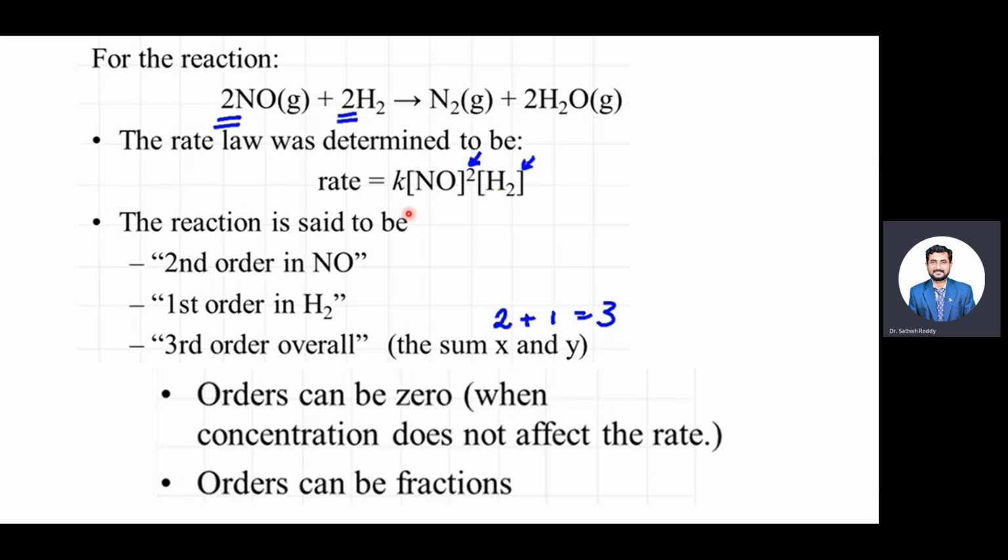What is the order of the reaction? It is second order in NO, first order in hydrogen, and third order overall. The sum of x and y is equal to 3. Order can sometimes be 0, when the concentration does not affect the rate or the formation of the product. Sometimes the order can be a fraction, sometimes 1, 2 or 3. We have to determine it experimentally.